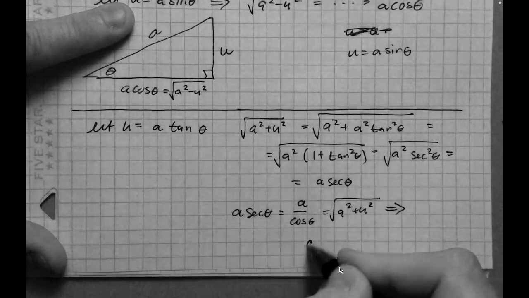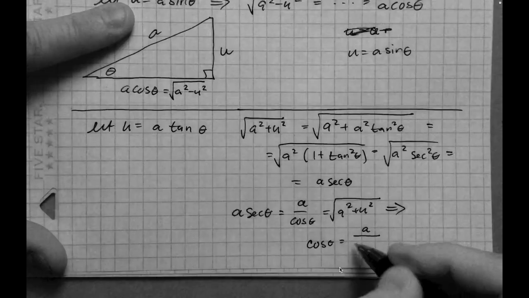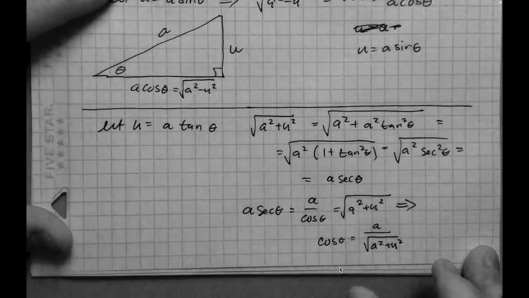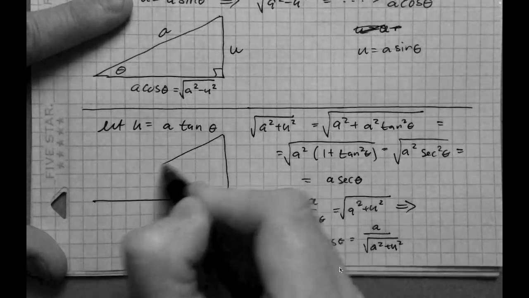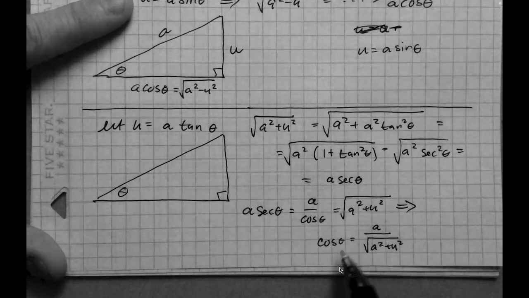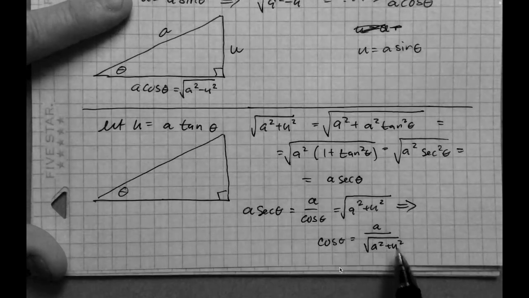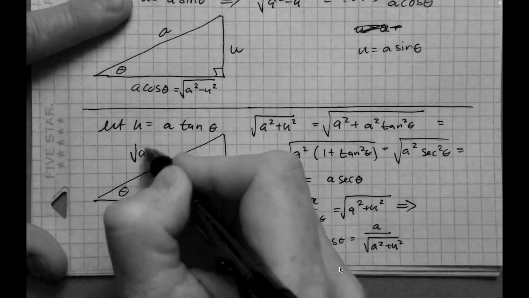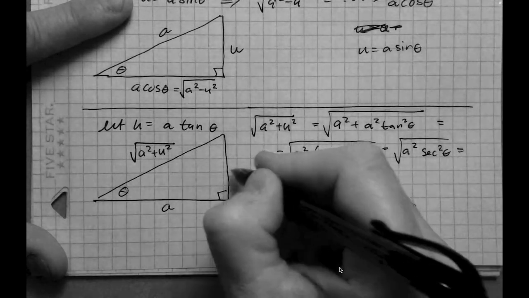Well, that implies that the cosine of theta is equal to a over the square root of a squared plus u squared. Right, and so there's a triangle that's implied here. All right, so we consider a triangle. So we got our theta, our right angle. The cosine of theta, which is just the adjacent over the hypotenuse, is a over the square root of a squared plus u squared. So that means this is a, and this is the square root of a squared plus u squared. Right, then of course this is u.